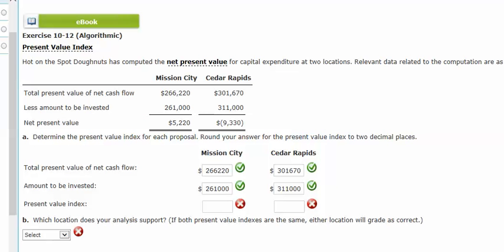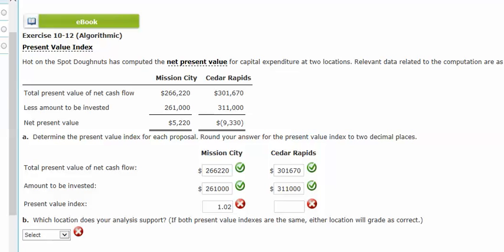To determine the present value index, we're going to do division. So I'm just going to take the 266,220 divided by 261,000. If I make that calculation, 266,220 divided by 261,000, my present value index then is 1.02.